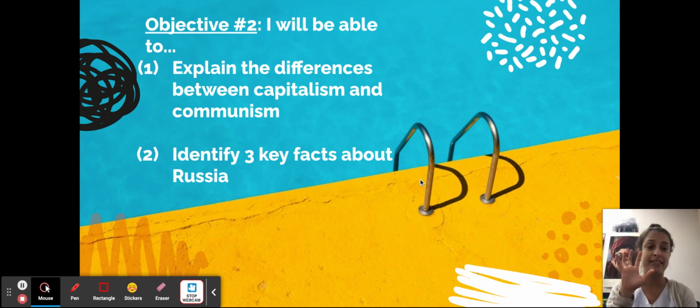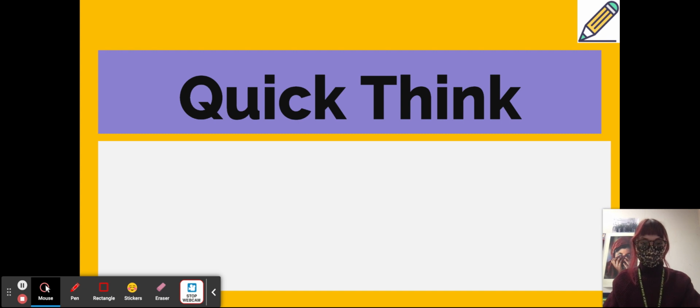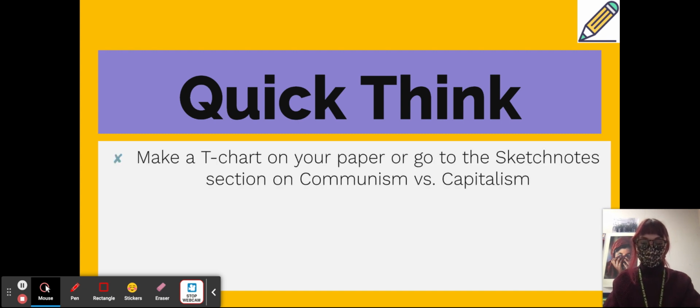So we are now in the second section of the sketch notes about communism and capitalism. All right, so we are going to explain the differences between capitalism and communism.